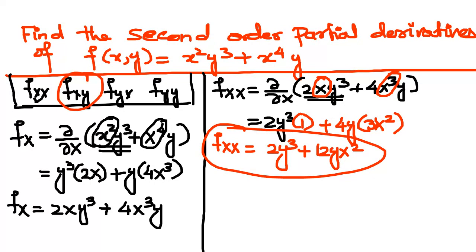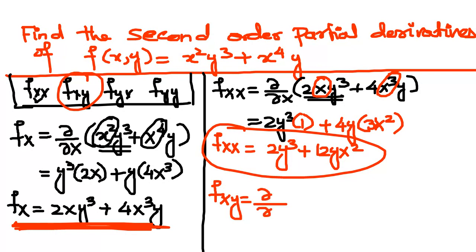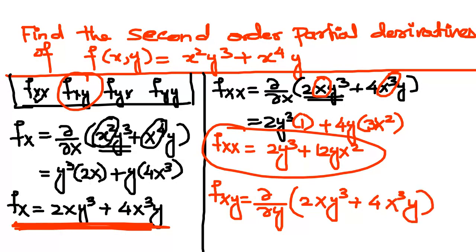Okay, now this is the first one. The second one, you have to use this one and find the partial derivative with respect to y. So partial by partial y of 2xy power 3 plus 4x power 3 into y. What is the partial derivative of this one with respect to y? That is 2x, and y power 3 derivative is 3y square, plus 4x power 3.